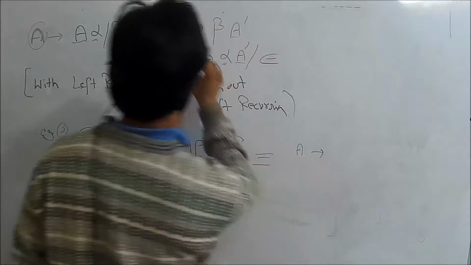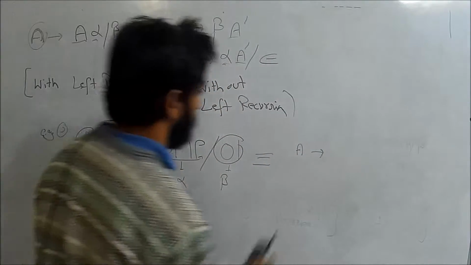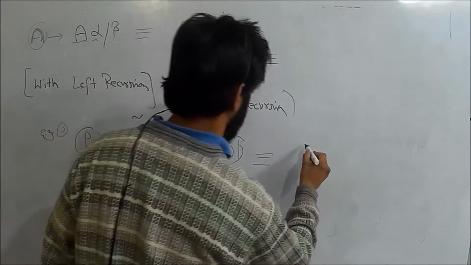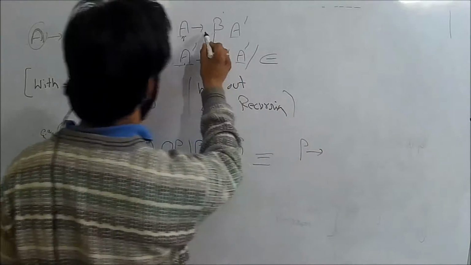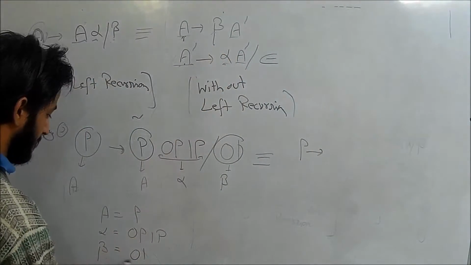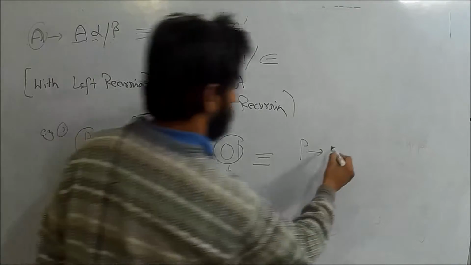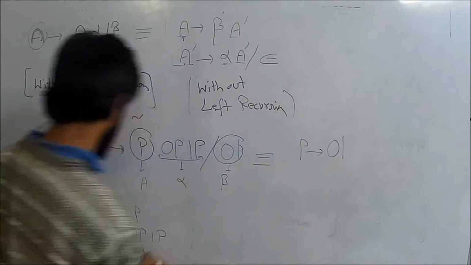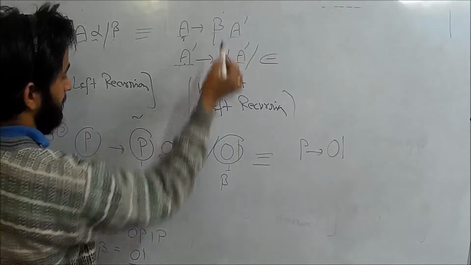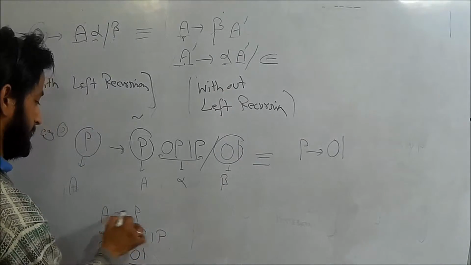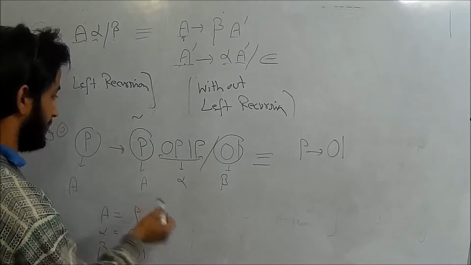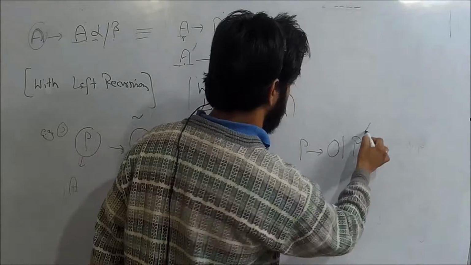So now we write A, but A is P, derives beta, and the beta is 0 1, write it as 0 1 A dash, and if A is P, then A dash will be P dash.